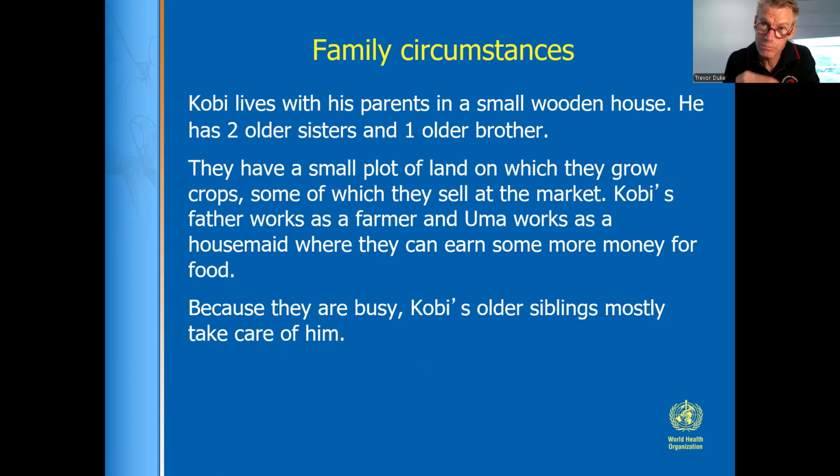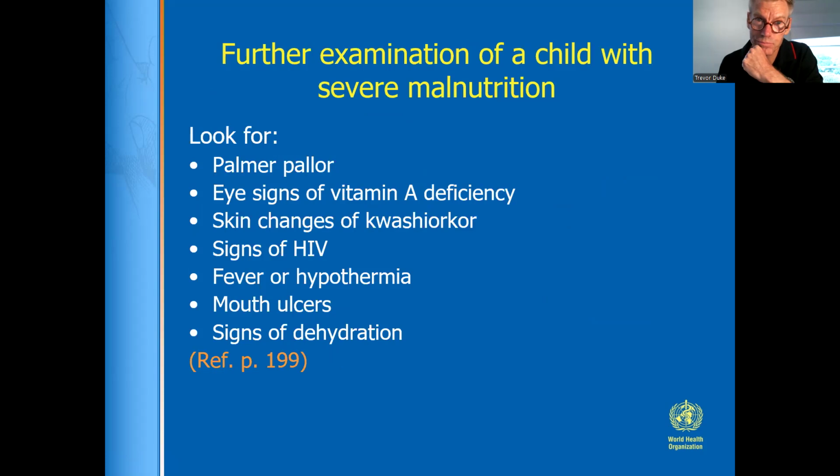And because both of them were quite busy with their work, Kobe's older siblings mostly took care of him. And that's a common scenario, isn't it? When the families go out to work, the young children in the family are looked after by the older children, and that can be difficult for them to be adequately fed.